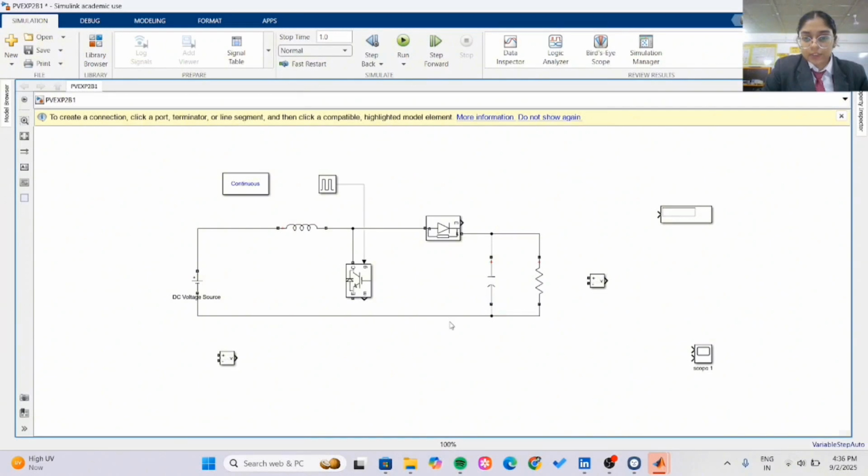We will complete our connections, and the remaining IGBT connection will also be connected to the DC source. Then afterwards, we will connect the positive side of our voltage source to the positive side of our DC voltage source, like this. And afterwards, the negative side will be connected to the negative side of our DC voltage source.